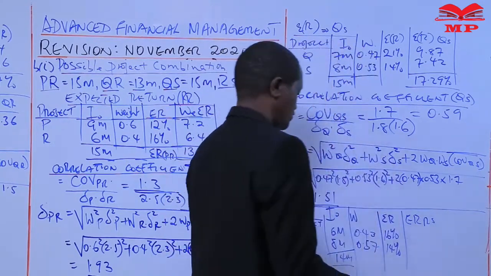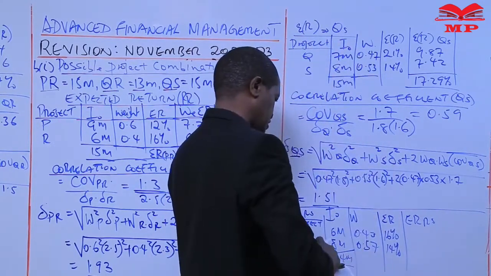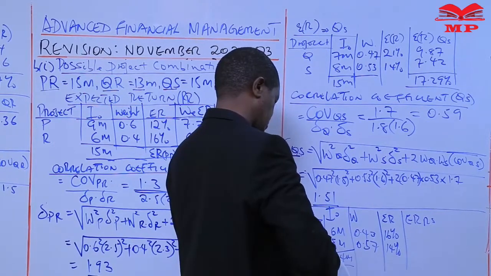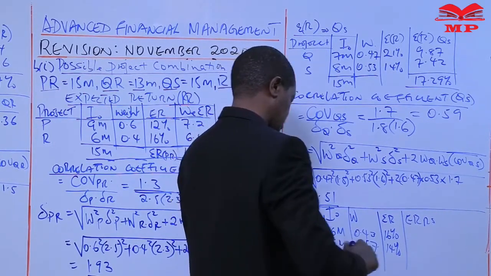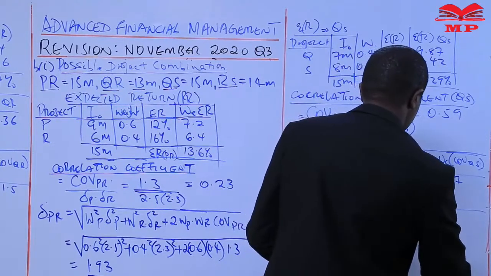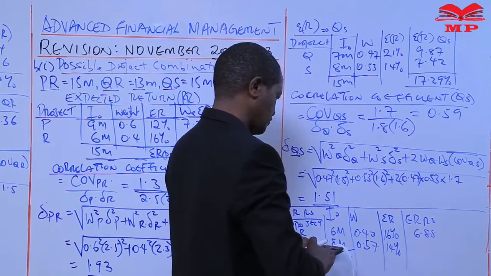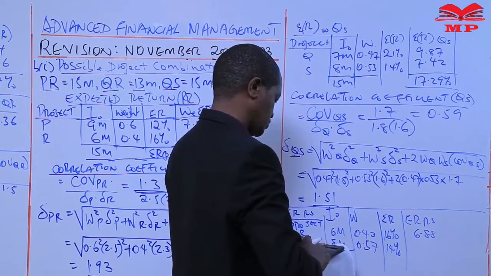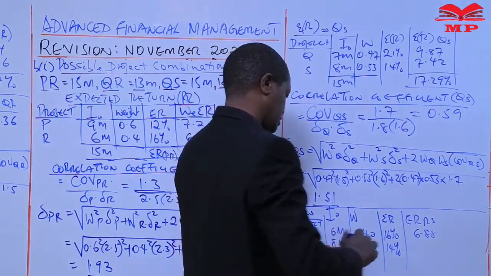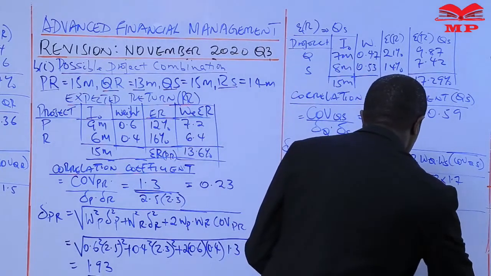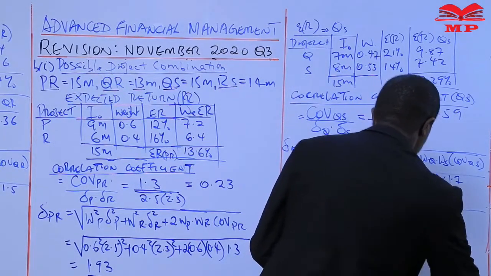So 0.43 times 16% is equal to 6.88%. Then 0.57 weight times 14% is 7.98%.